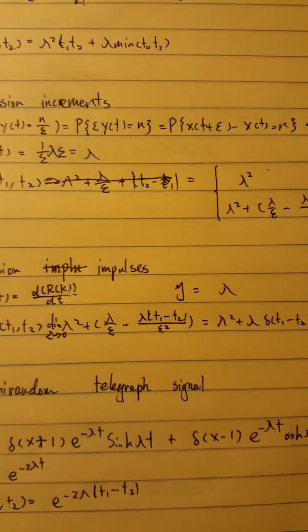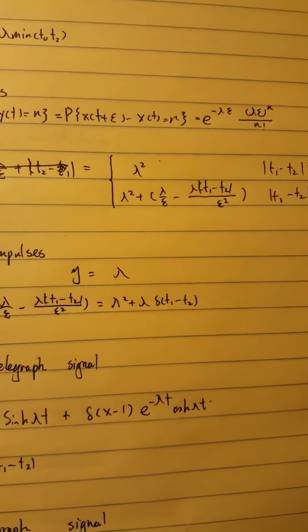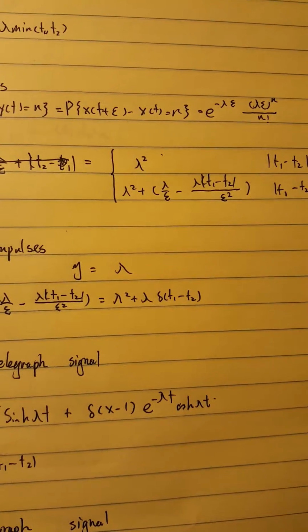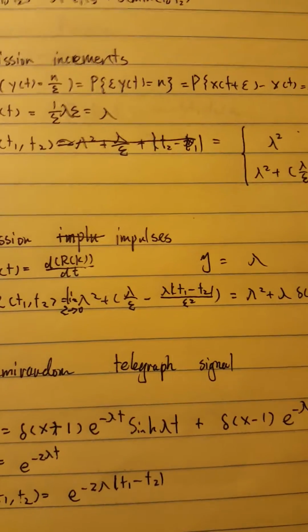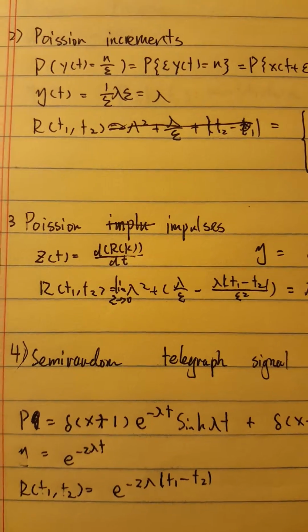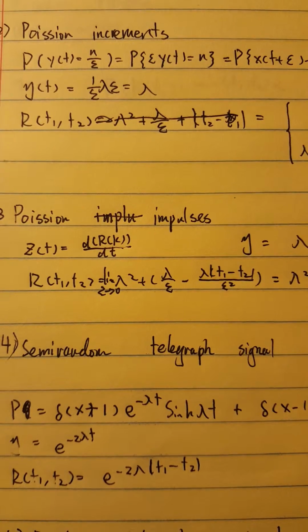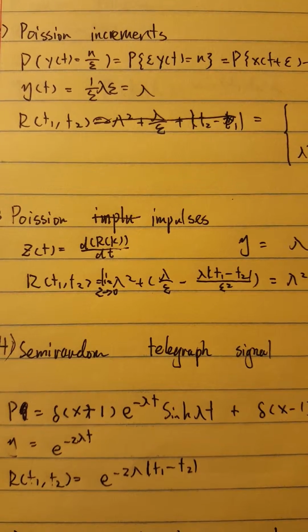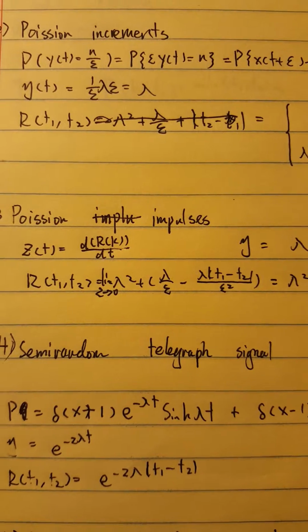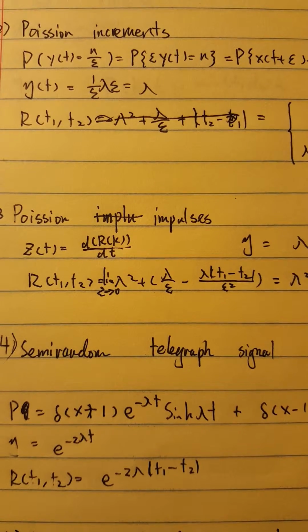So we can easily find out that its mass function is also based on the Poisson process, and its expectation is also similar to the Poisson process. In fact, it's just lambda times t2 minus t1.